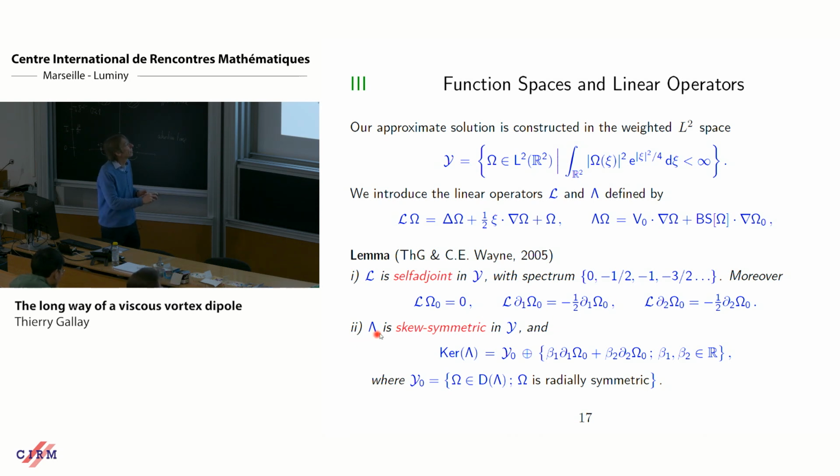And in the same space, the operator lambda is skew-symmetric, and it has an infinite dimensional kernel. The kernel is made of all radially symmetric functions plus the first order derivative of the profile omega 0, which is my Gaussian. So this information has to be used when you construct. I will not go into the details, but you need this information on these operators when you try to construct order by order your asymptotic expansion.